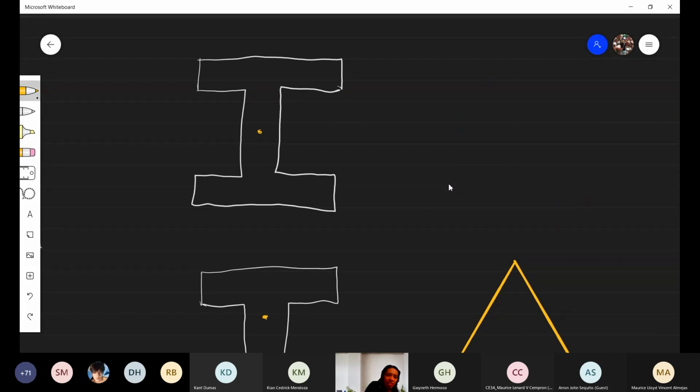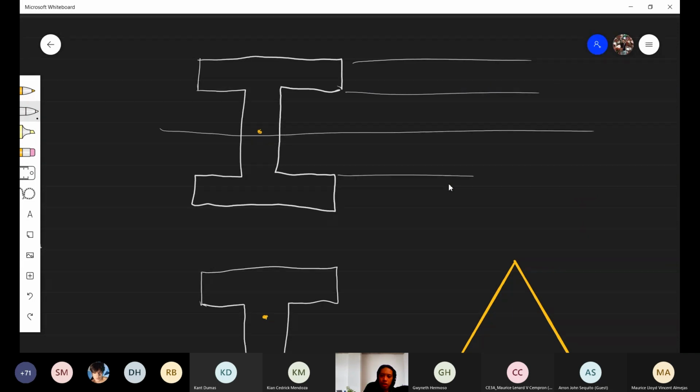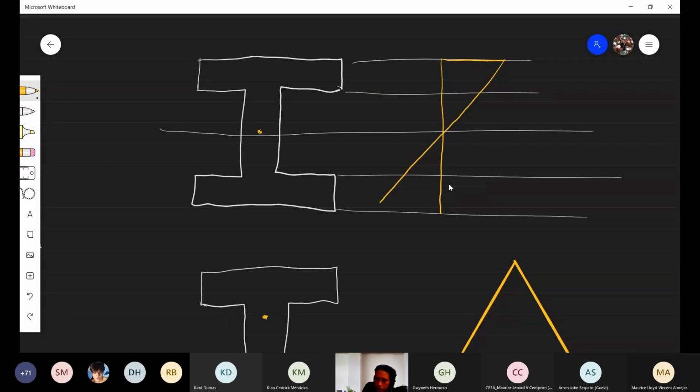Okay. If we want to draw the tawag ito niya an iya stress diagram. Okay. Itong stress diagram will look like this. So this is maximum. Ito ha, baw-baw. 0 at the neutral axis.